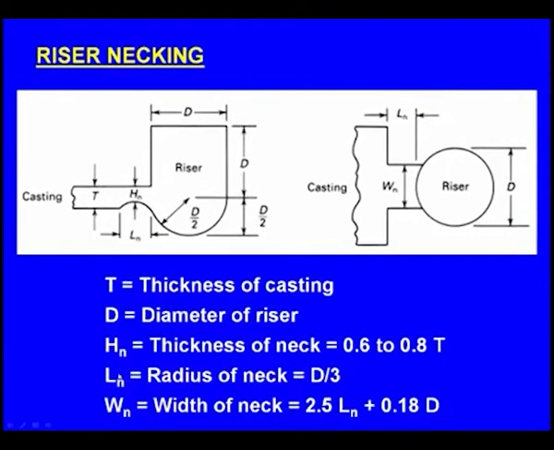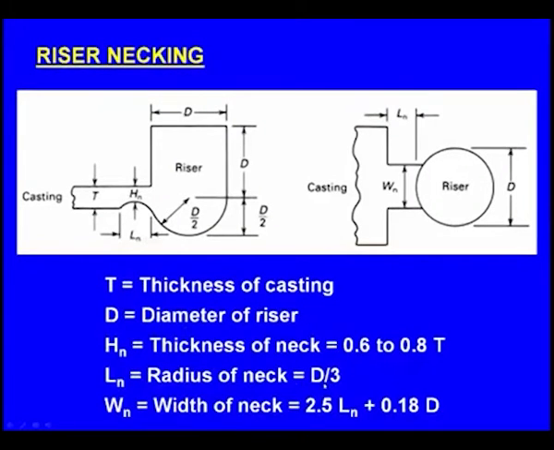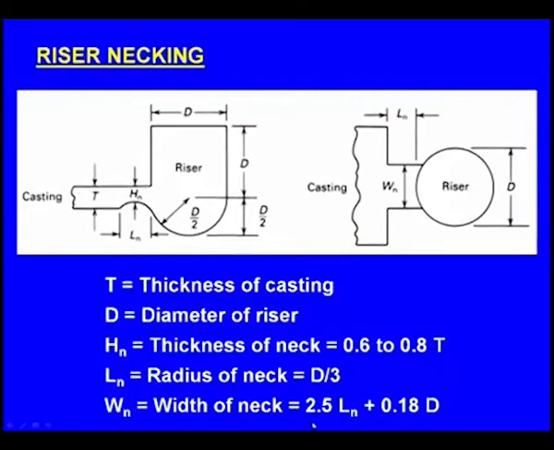Next, Ln is the radius of the neck, that is equal to D by 3, where D is the diameter of the riser. Next, Wn is the width of the neck, that is equal to 2.5 times Ln plus 0.18 D.